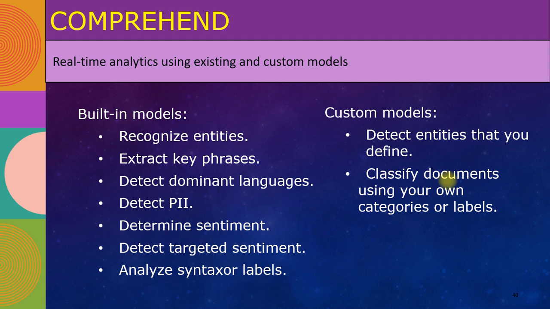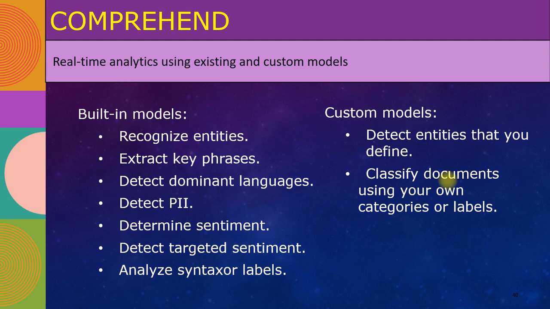So first, let's talk about the existing built-in models. They recognize entities. In other words, they look at a paragraph and they say, okay, here's an organization name, here's a person name, this is a number, a quantity. It'll recognize entities and it'll extract key phrases and say, hmm, this is a reference to a credit card. This is something else.